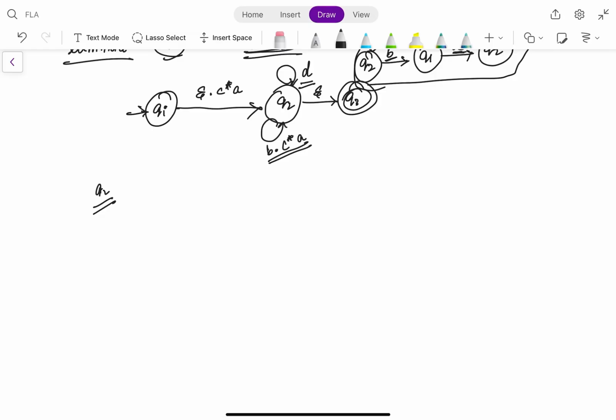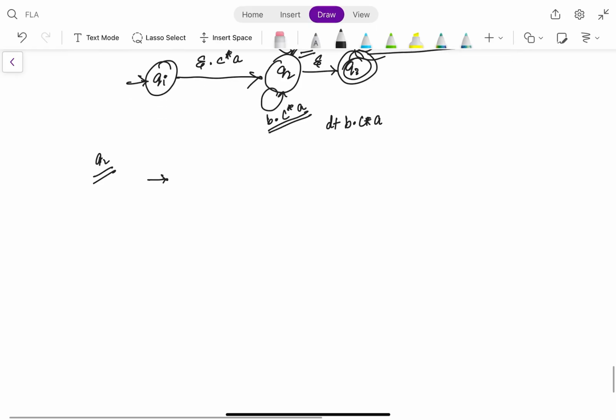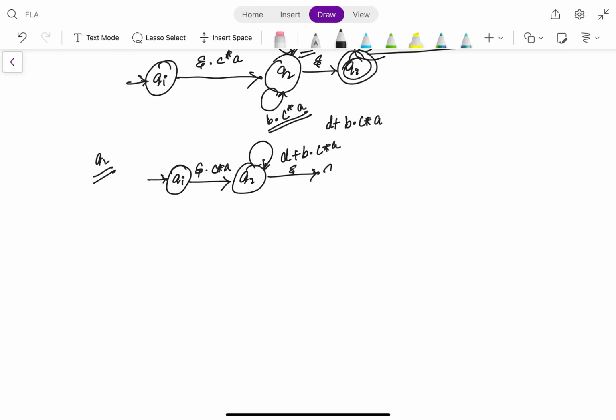So you write it as D plus B dot C star A. So first correct that in the diagram, then we will eliminate Q2. So the self loop is D plus B dot C star A. The final state is still there with the epsilon transition.